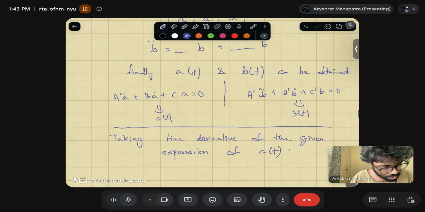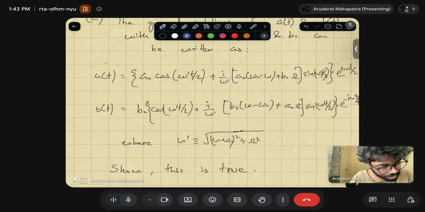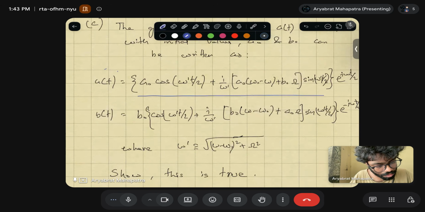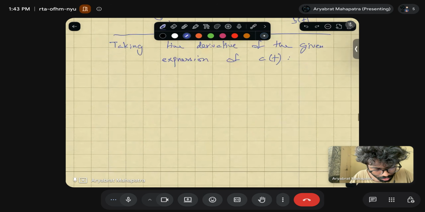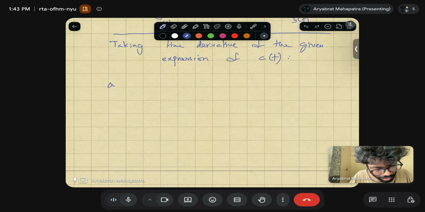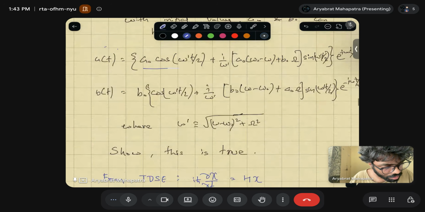So a of t is already given in the problem. So we first take the time derivative of this a of t, which will give us a dot. So you have to take the time derivative of this.